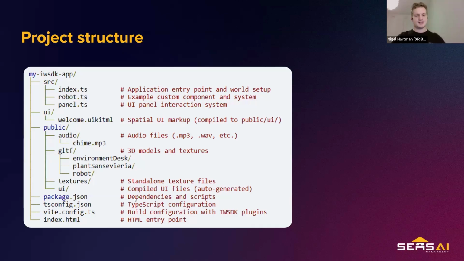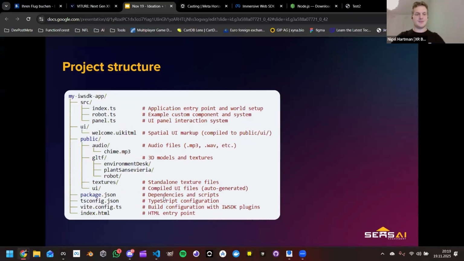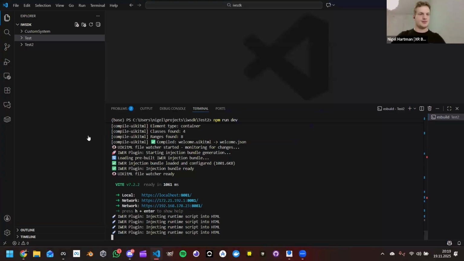And we have the package JSON with the dependencies I already showed you. And then there's some other small files in there. I'll show you this now more in detail here in the project. So we will start actually down here in the main folder.